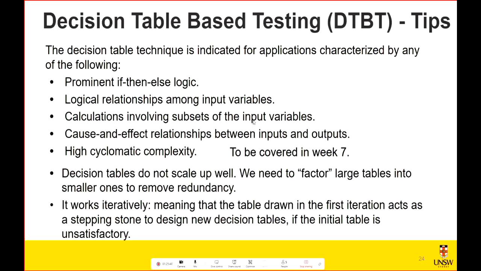For example, in our second example we learned today with the next date program, we can further refine the definition of conditions and actions to capture more behaviors of the program, but we are also introducing some redundancies, and we can remove the redundancies by merging some columns together. So we have to iteratively work on decision tables to refine the definition of conditions and actions and remove redundancies during this process.